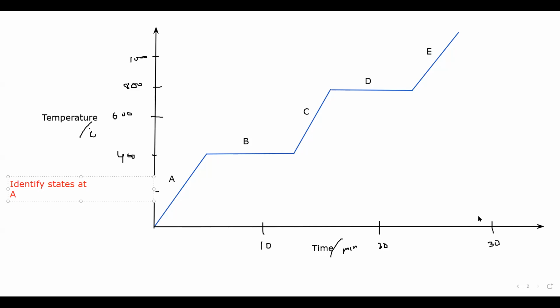At A, we'll have a solid. What about B? It will have both liquid and gas, or solid and liquid, sorry. Yes, it is in a state of melting, and we'll have both states, solid and liquid. What about C?